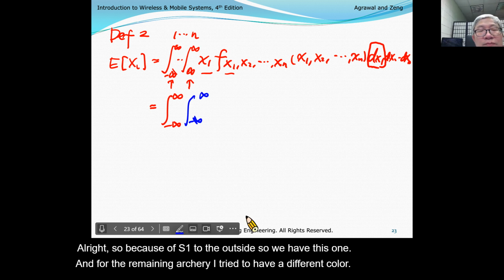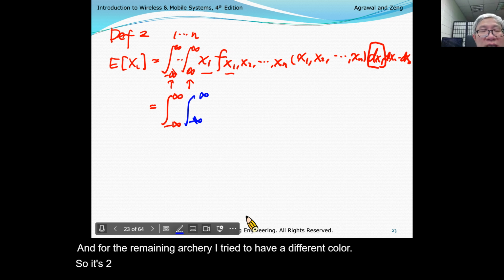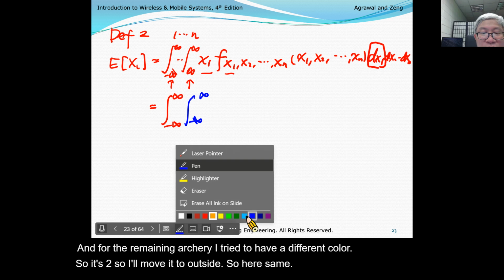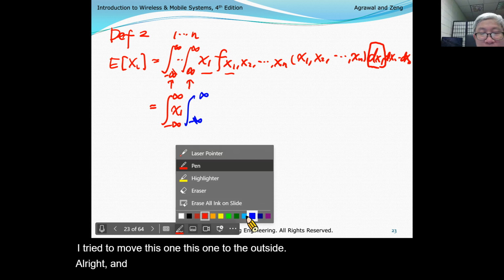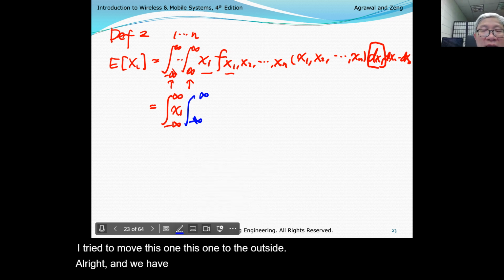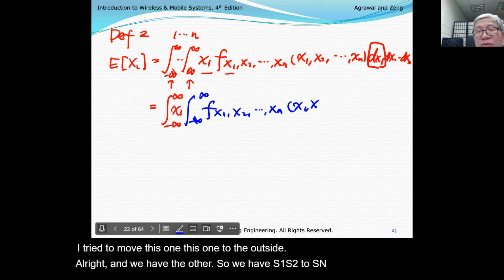So it's 2. Moving to the outside, here, same. I try to move this one, x1, to the outside. All right. And we have the other, x1, x2 to xn. So x1, x2 to xn.